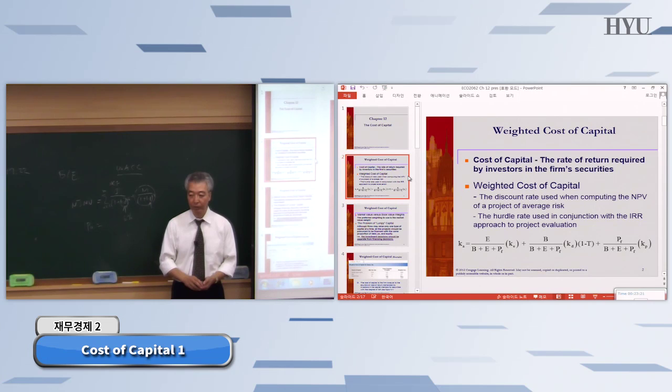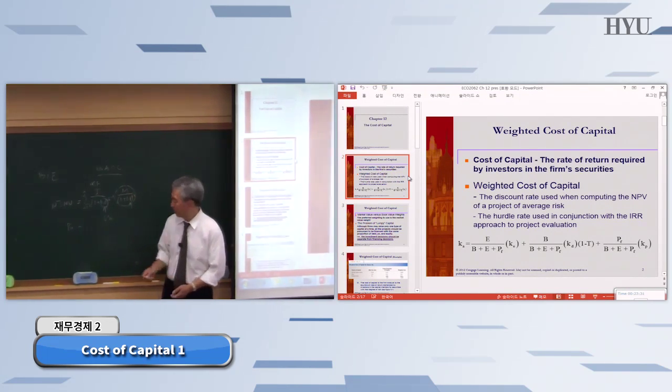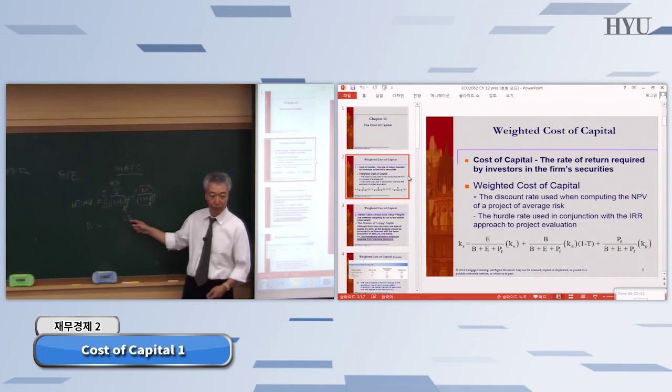Accept the project if what's bigger than? Well, no, this is your return, right? Internal rate of return. You're earning 6% return on this project. So accept that project if that's right.